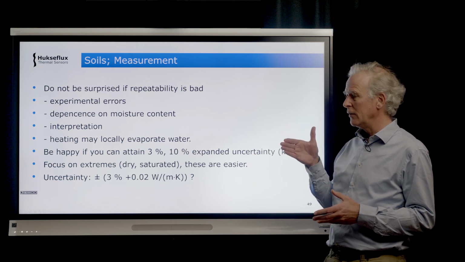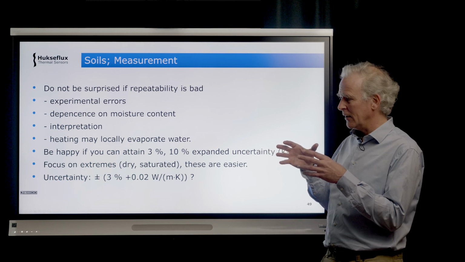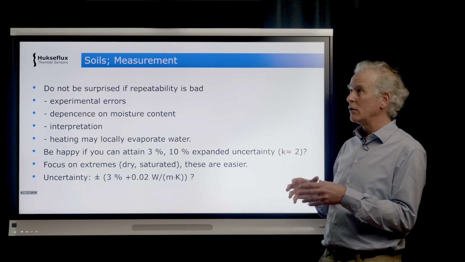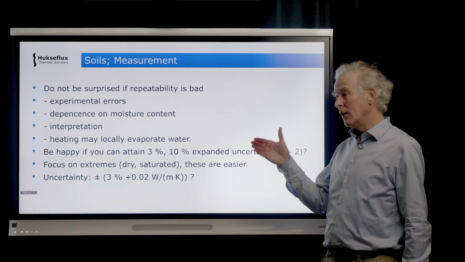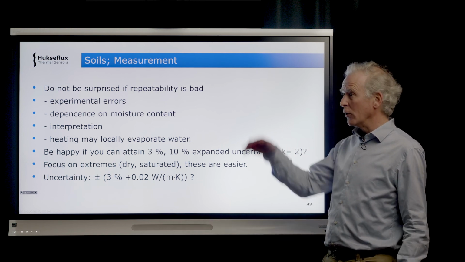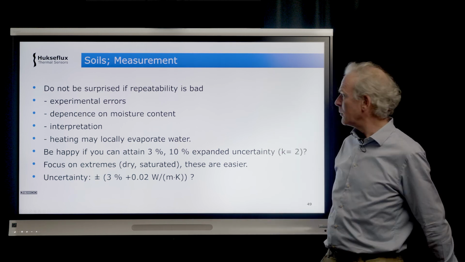So if you perform a measurement, it's wrong to assume that the soil moisture content in your entire sample is the same. Also, from one depth to another depth, there might be a dramatic change in moisture content.